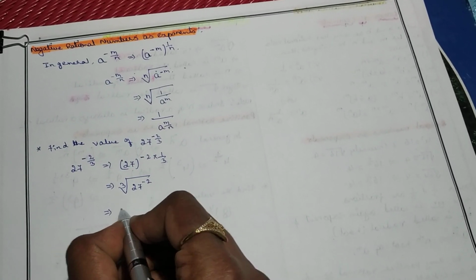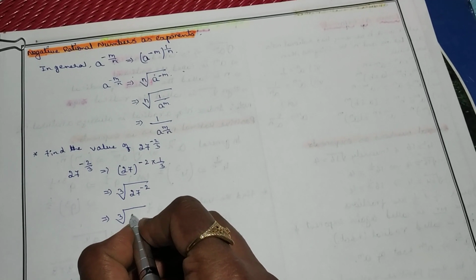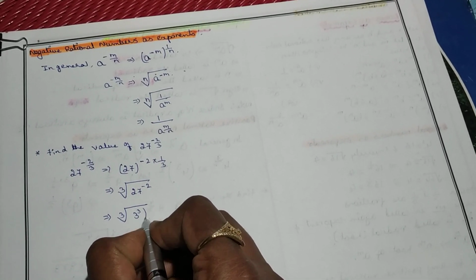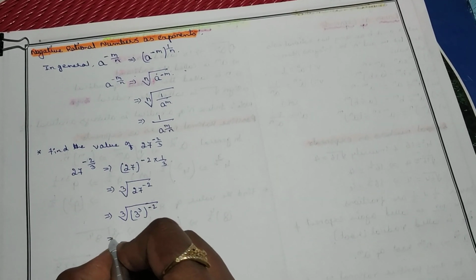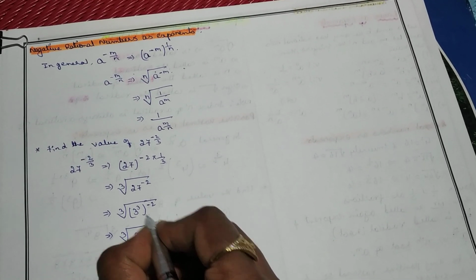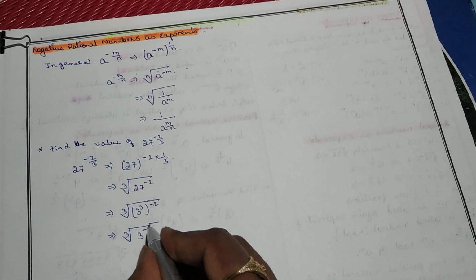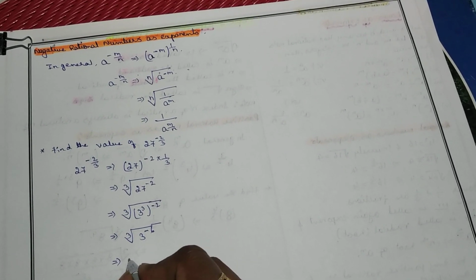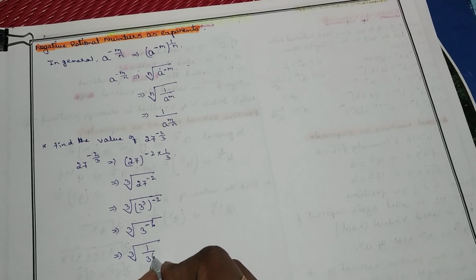Then we know that 27 is a perfect cube of 3. Then 3 cubed to the power of minus 2. Multiply it, you'll get cube root of 3 to the power of 3 twos are 6, minus 6. If you want this in a positive number, then I can write cube root of 1 by 3 to the power of 6.